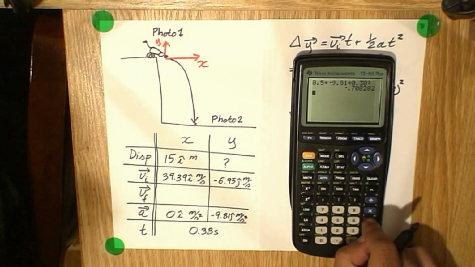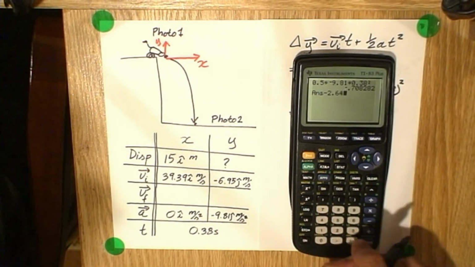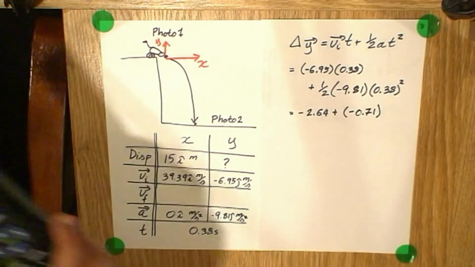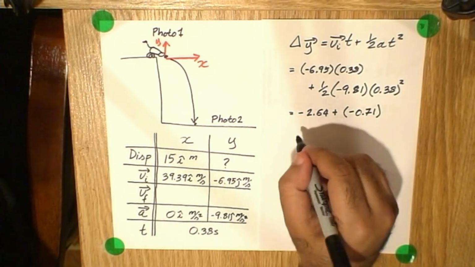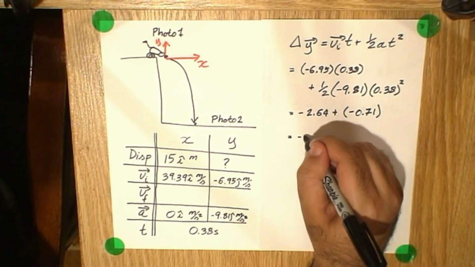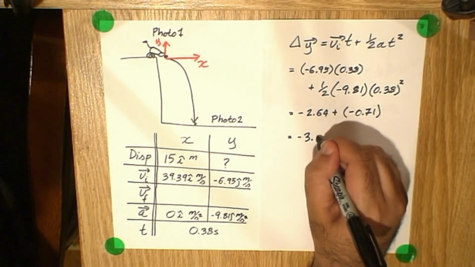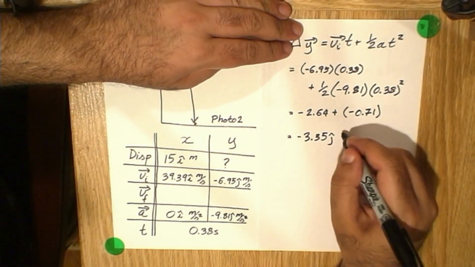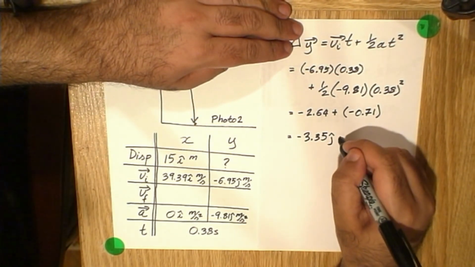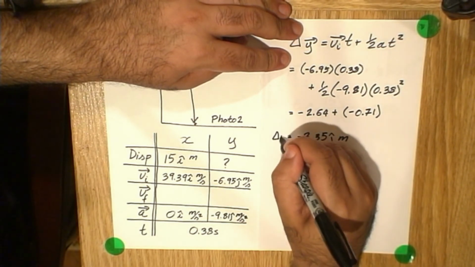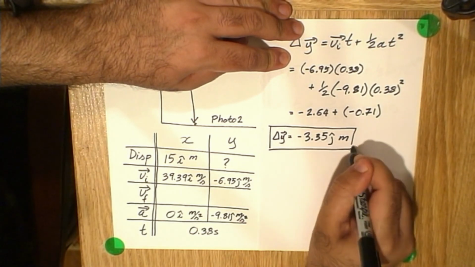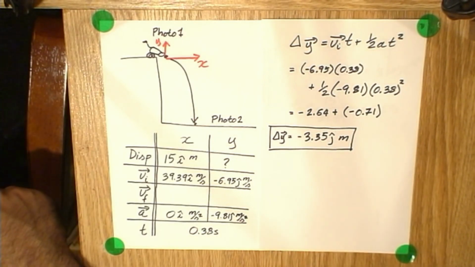So adding these two together, negative 3.35. So this was the vertical displacement of the cannonball, or equivalently, this was the height of the cliff.